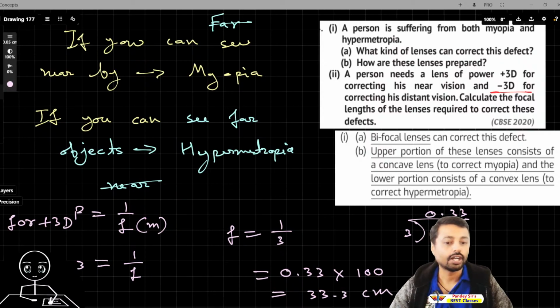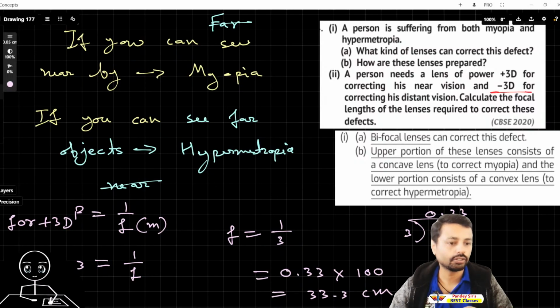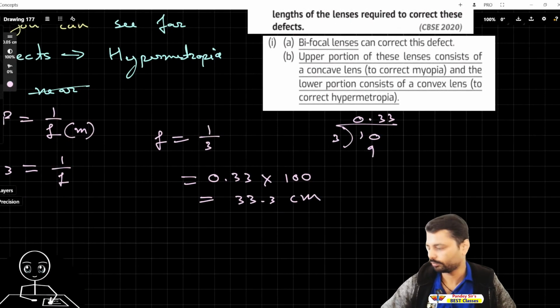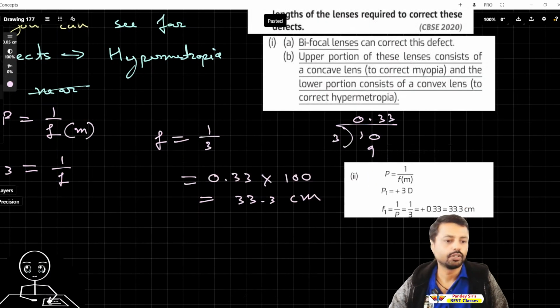It doesn't matter how teachers explain, but how they see it matters a lot. So you need to write it this way. P equal to formula and then calculation part, and then therefore F1 equal to 33.3 centimeter.